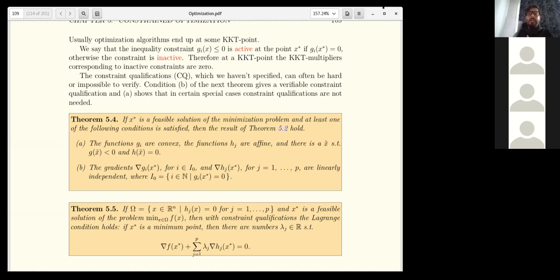That may result in a problem in which this point is not a KKT point, but it might be an optimum. There are other situations that have this B condition. So yes, we have to have one of these conditions satisfied.